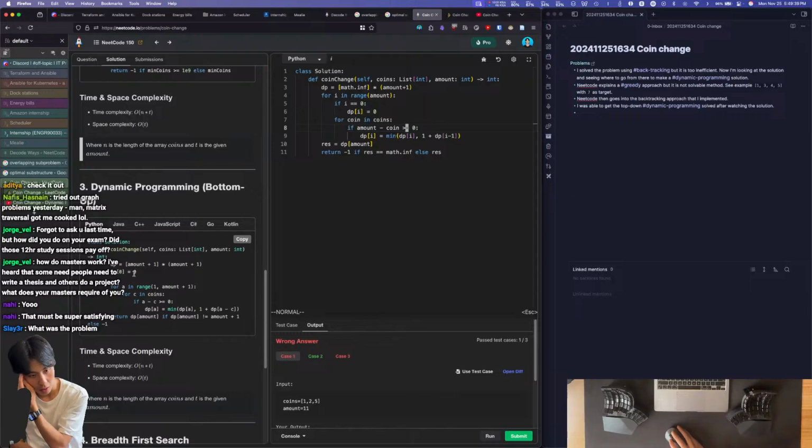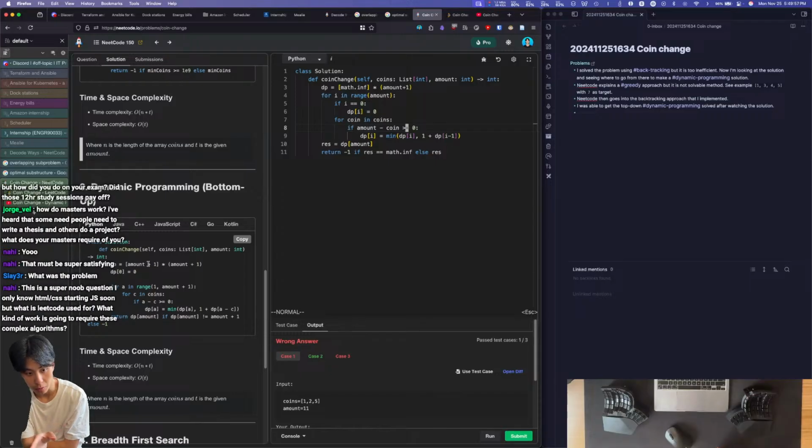So dp amount plus 1. Because you're saying that's the most you can have? And then dp0 is equal to 0. That's fair. The a in range of 1 to the amount plus 1. Amount plus 1.